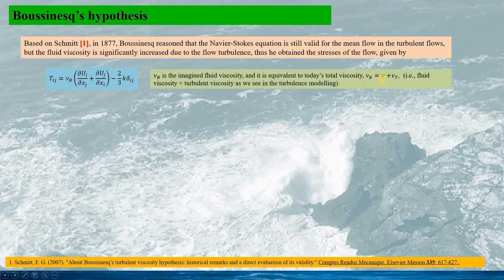Nu b equals nu plus nu t, the fluid viscosity plus turbulent eddy viscosity, as we see in the turbulence modeling. And Boussinesq obtained the relation K equals 1.5 pressure.